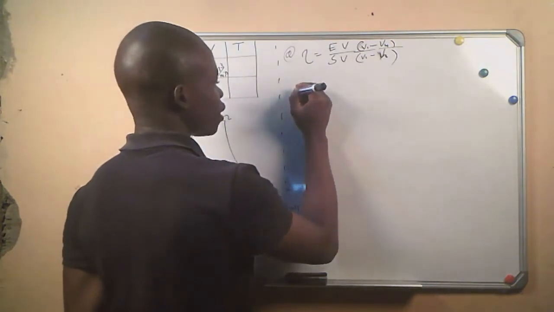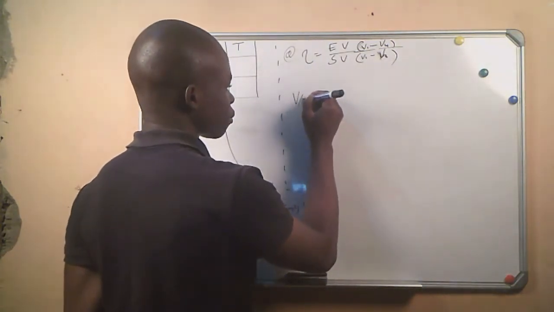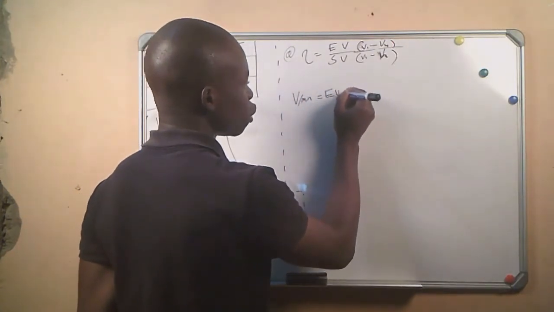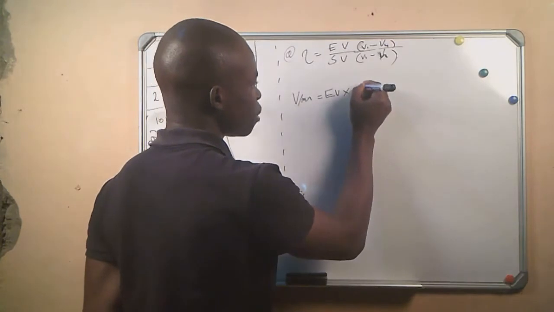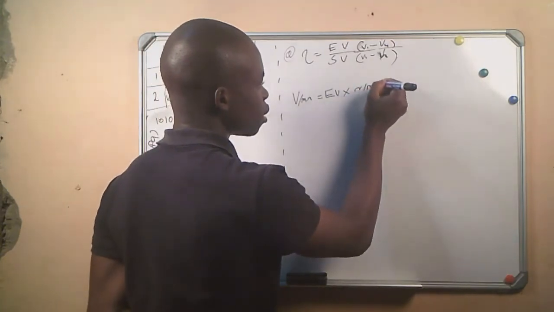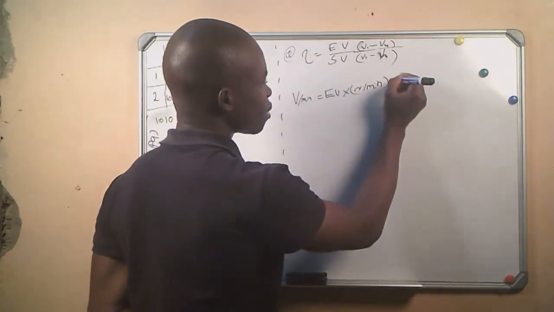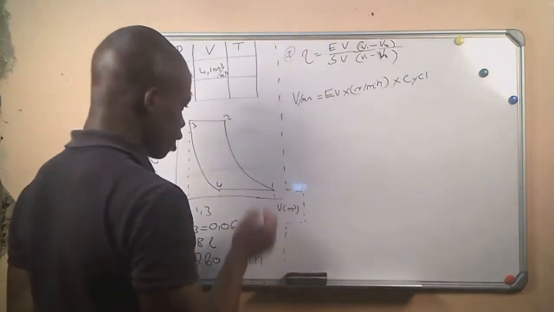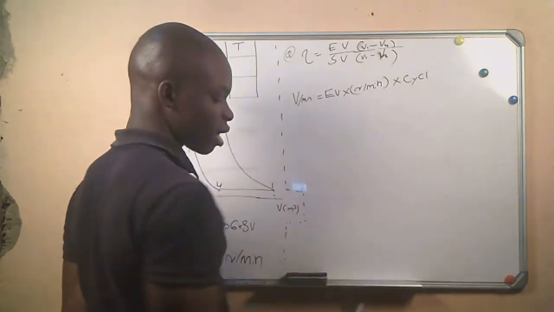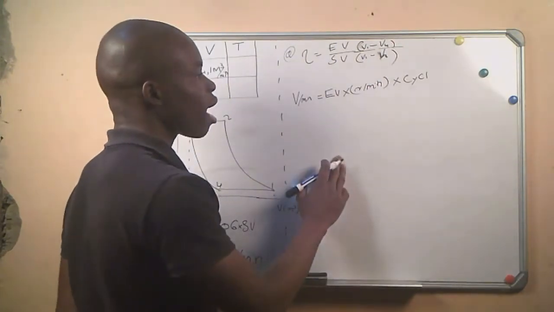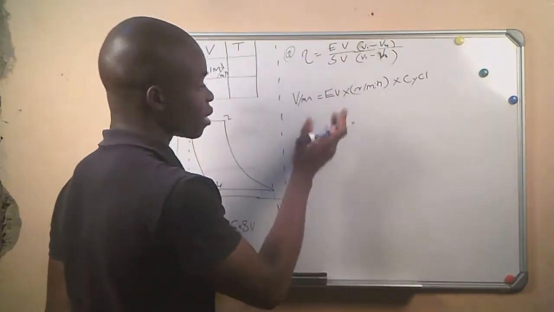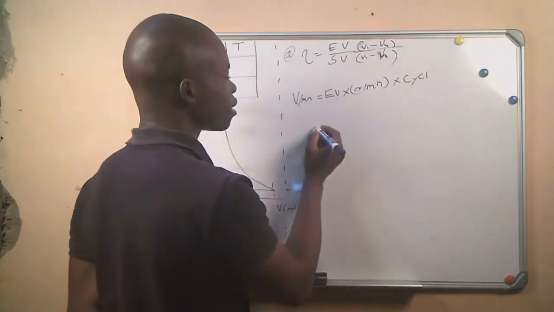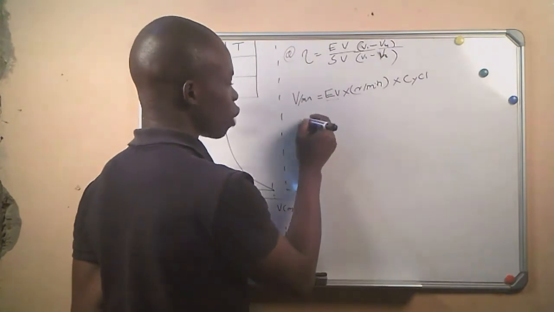The volume per minute is equal to the effective volume times the speed, which is rev per minute, times the cycle. The number of cycles, I didn't write it, but they said it's a single stage single acting, which means it's 1.